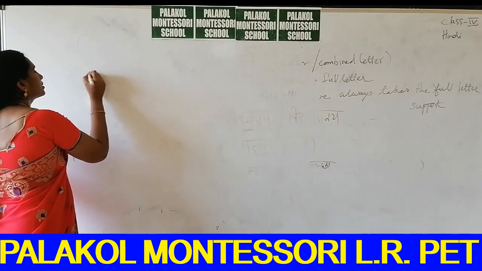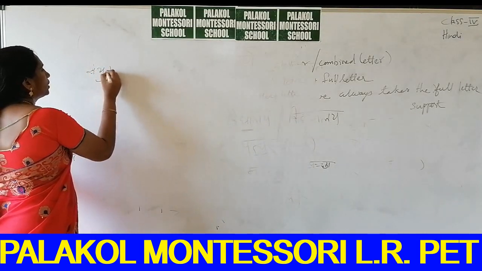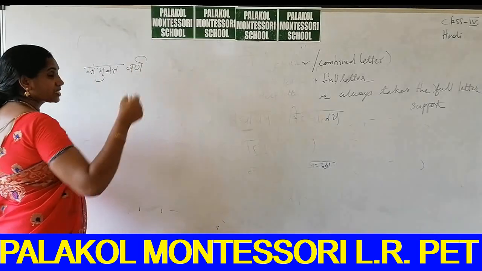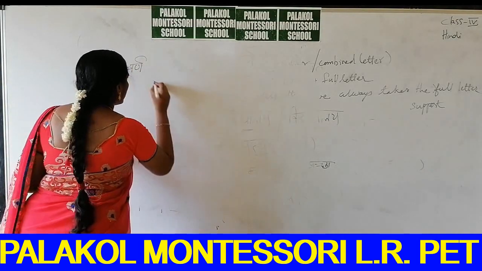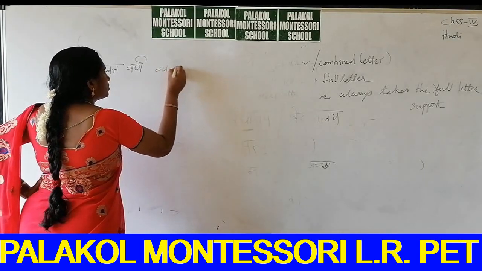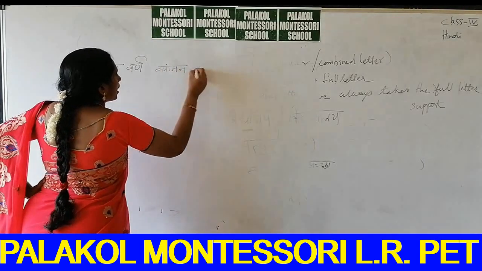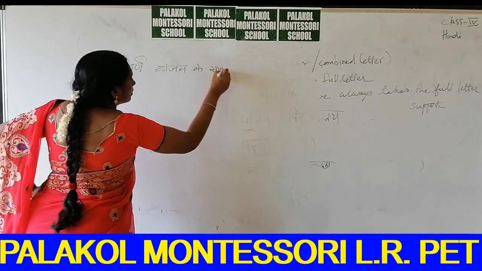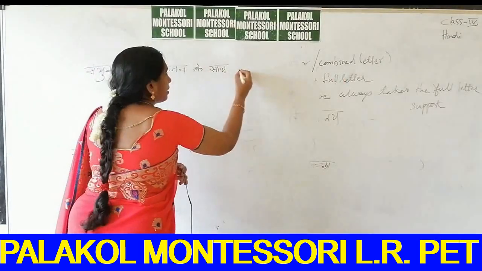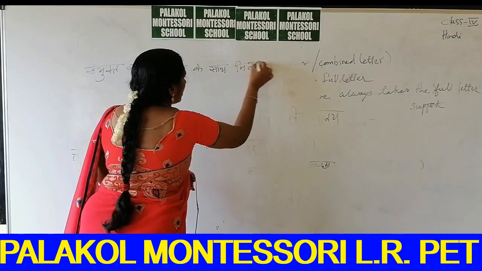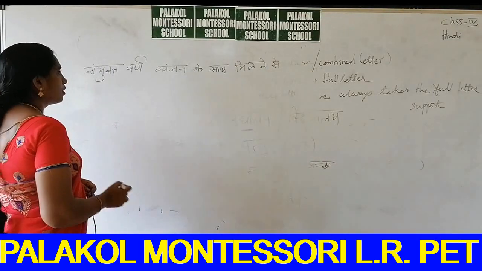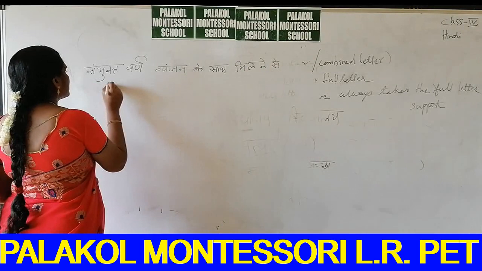Samyukta varna means cluster word. Samyukta varna is formed by joining consonants, vyanjan. What is this?